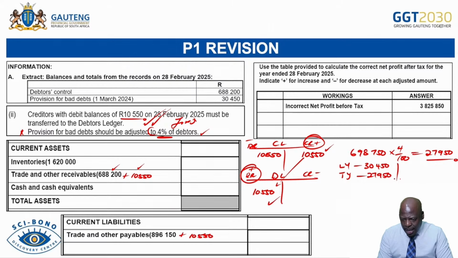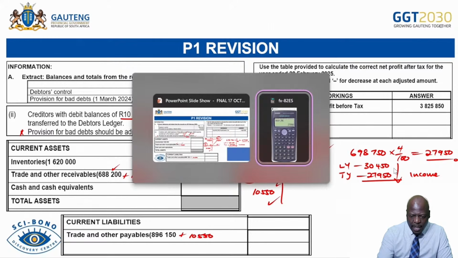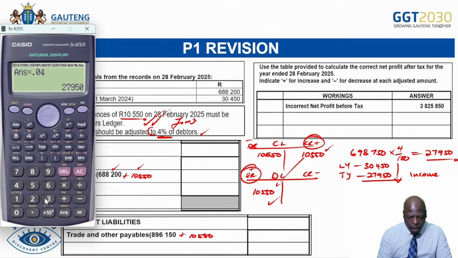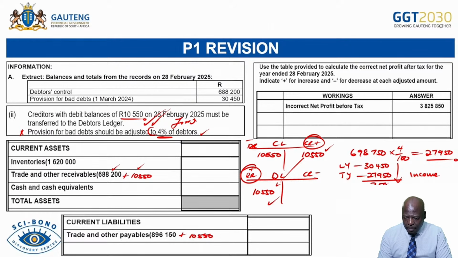Already you can see that our provision for bad debts has decreased. And a decrease is income. By how much has it decreased? 30,450 minus 27,950. That's going to give me 2,500. So it has decreased by 2.5.